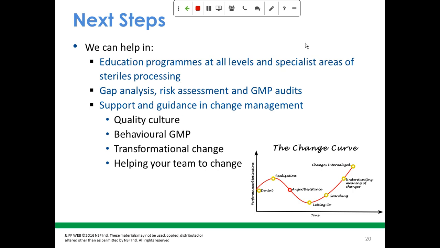The sooner you can get to realization and acknowledgement, move through the resistance stage and get into the planning and execution so that you can internalize the types of improvements that you need, the better. And sometimes you just need third-party support in that change curve to get you into a place where you can comply with the expectations.